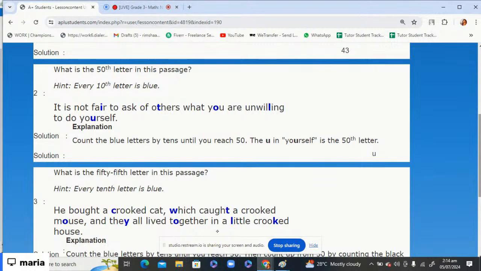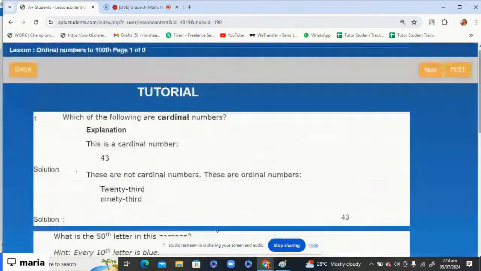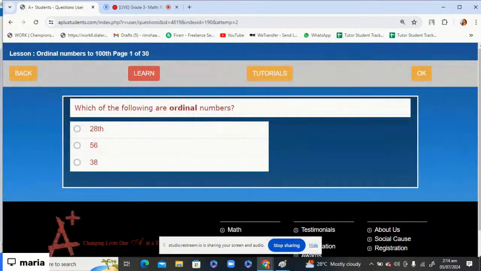Okay, now just check it out. So this is a basic thing. Now let's do the test questions. Which of the following are ordinal numbers? Now you guys tell me. Which is basically the ordinal number here? Ordinal numbers I already explained, like any numbers which have th, and you can write it down in the form of t and h, 20th, 14th, third, like basically in this way.